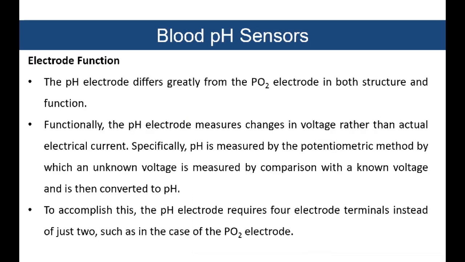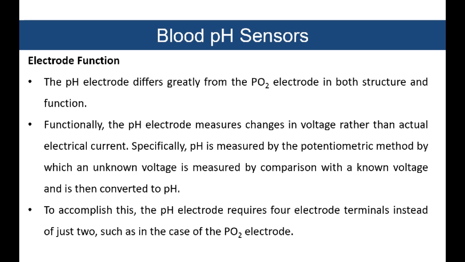First we will see the electrode function in the blood pH sensor, which is one type of blood gas sensor. The pH electrode differs greatly from the PO2 electrode, although both have the same structure and function, but the electrode's quality and selectivity are different. Functionally, the pH electrode measures the change in voltage rather than actual electrical current.